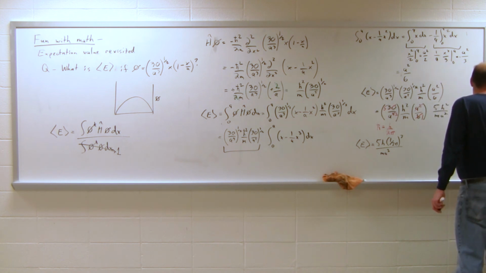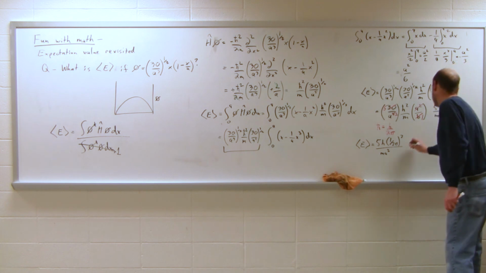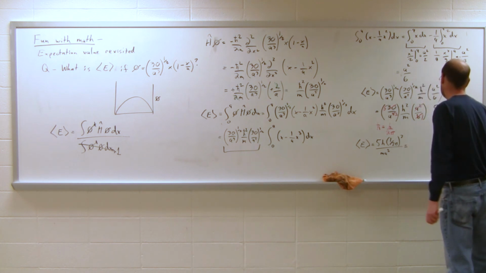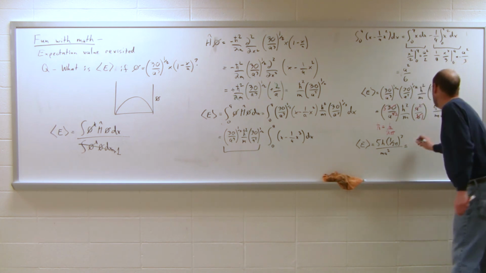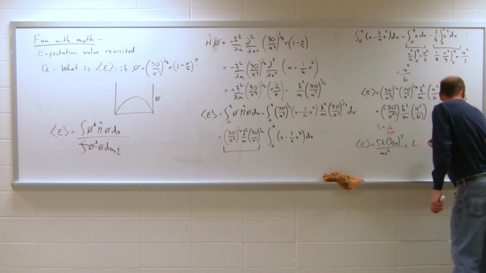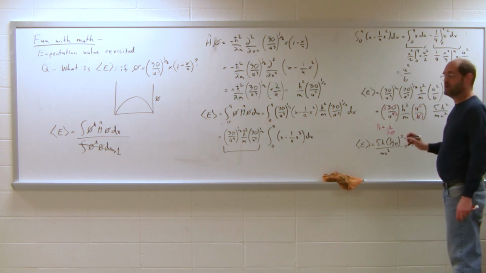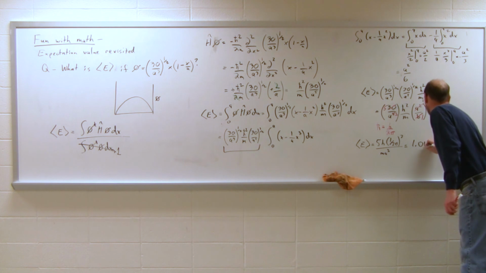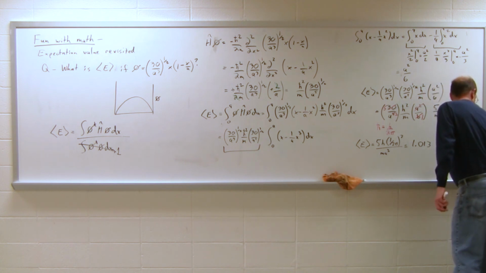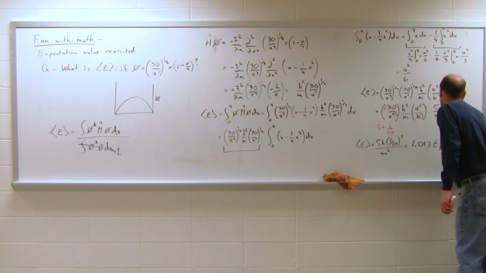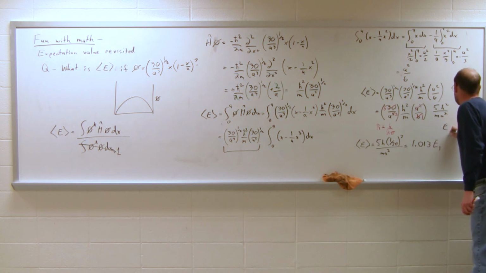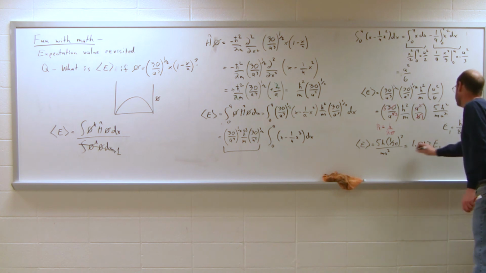And what I will end up with, if I do this correctly, is 1.013, I'll leave this as an exercise to the reader, times E1, where E1 is equal to h squared over 8 m a squared.